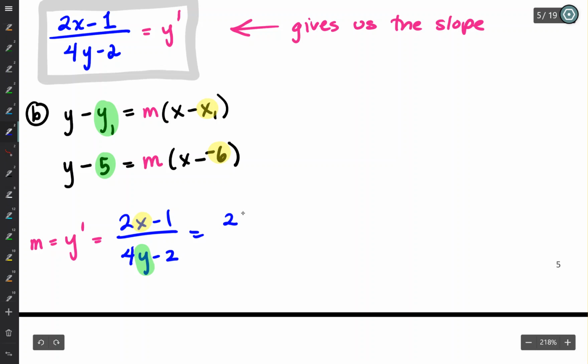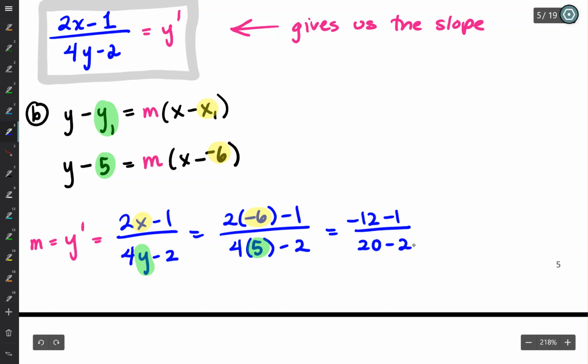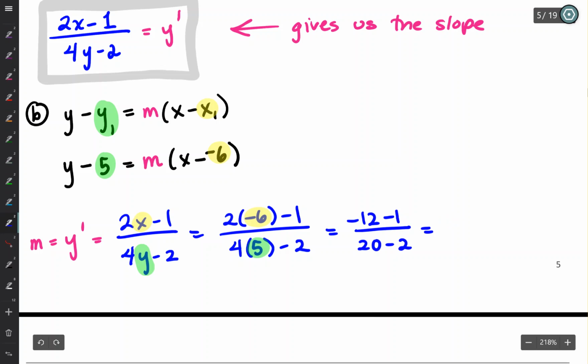We get 2 times a -6 minus 1 all over 4 times 5 minus 2. What is this? -12 minus 1 all over 20 minus 2. We get -13 over 18.